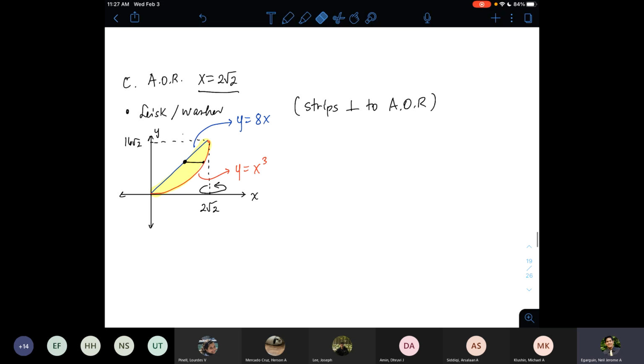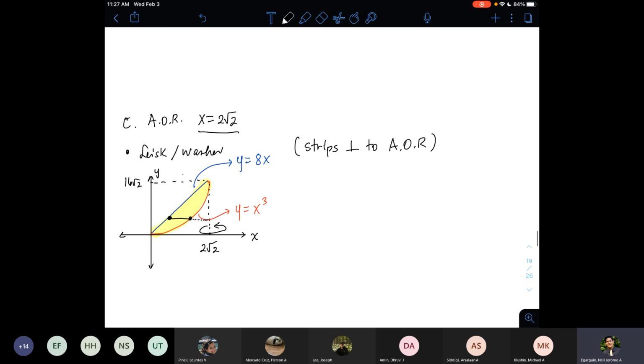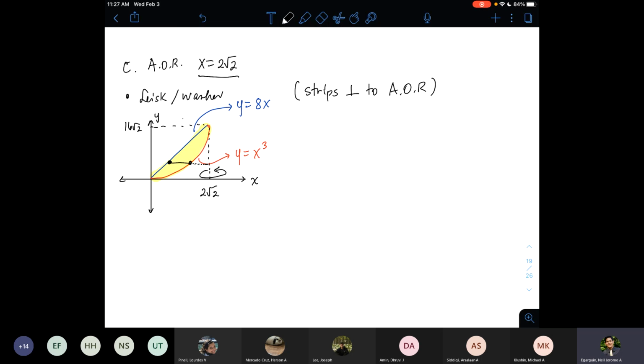Perhaps I should draw it somewhere here to illustrate it better. So we will use horizontal strips. The volume would be an integral. Horizontal strips always go with a variable y, so I have a dy there, and I need the bounds for y.